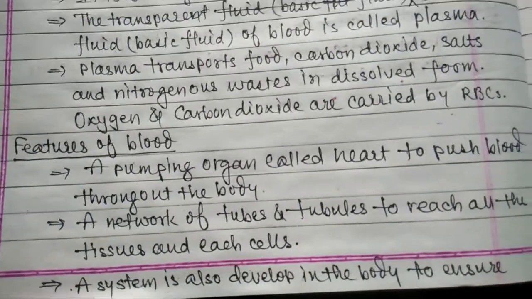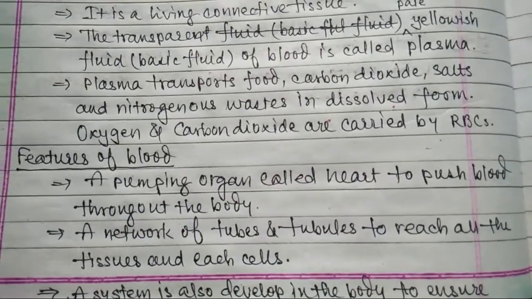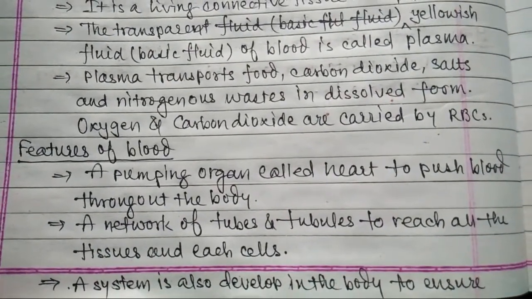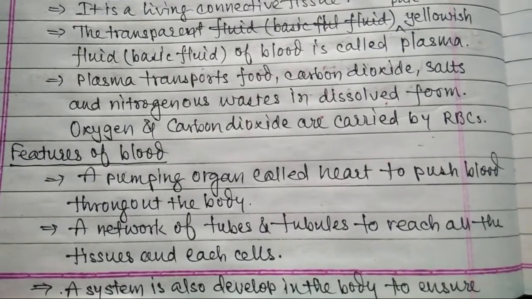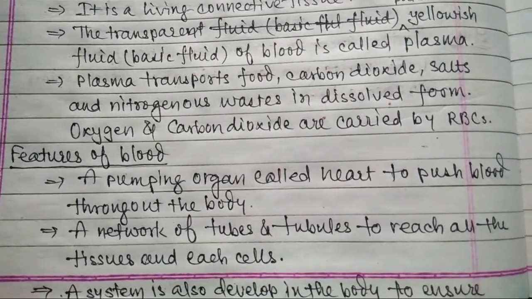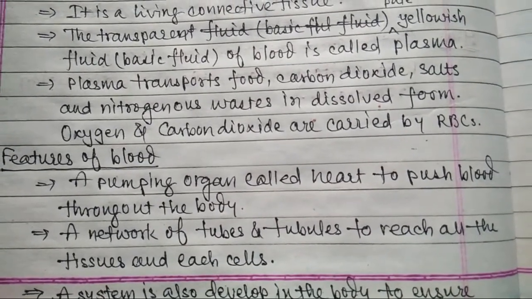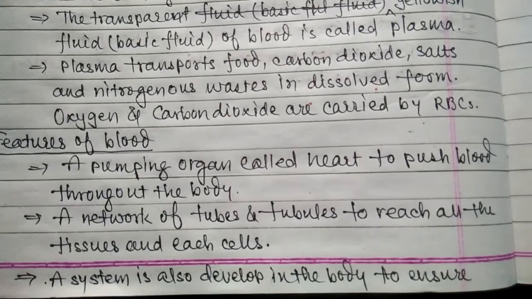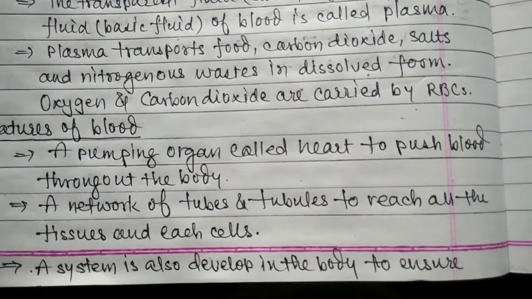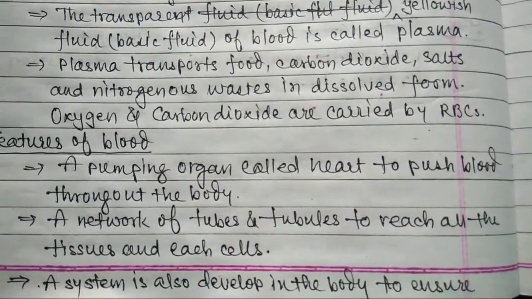Features of blood. A pumping organ called the heart pushes blood throughout the body. The heart acts as a pump, and due to the heartbeat, the blood is pumped throughout the body. A network of tubes and tubules reaches the tissues and their cells.